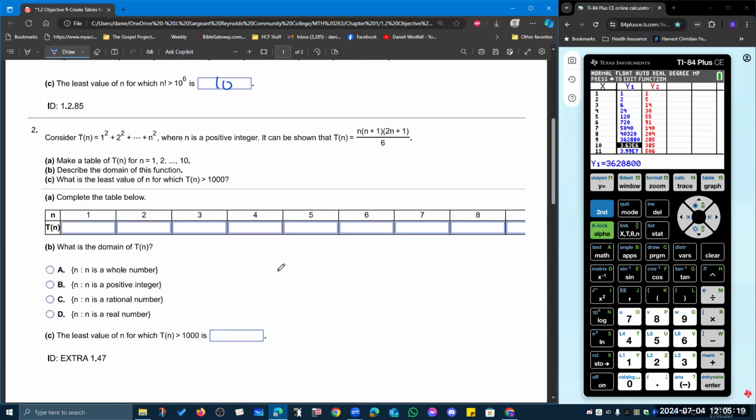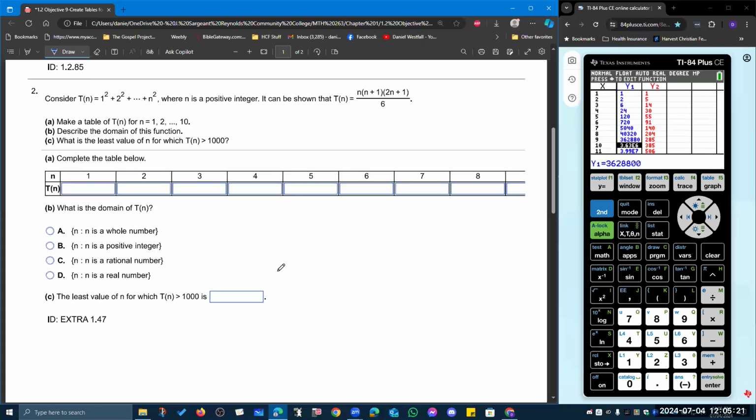Let's go ahead and look at this next one here. And I have the table out here that this is 1, 5, 14, 30, 55, 91, 140, 204.